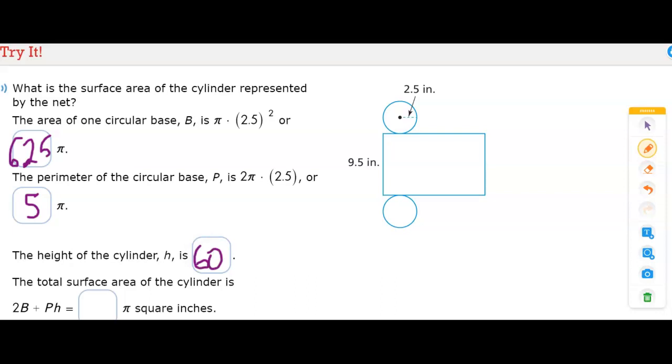I'm sorry, that's not 60. The height is 9.5. I'm getting ahead of myself. And the total surface area of the cylinder is 2 times B plus P times H, which is equal to 60 pi square inches. So 2 times B would be, B is the 6.25, and then the P would be the 5 pi. Then you substitute that and you get the 60 square inches.